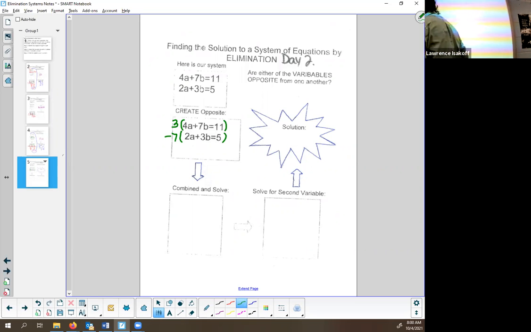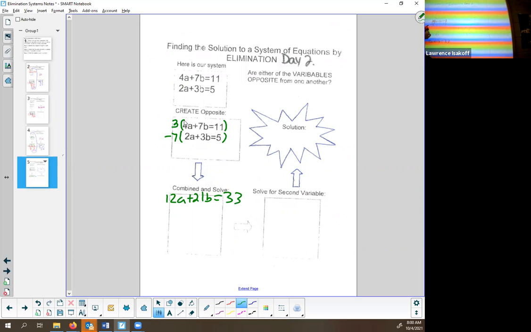So let's see here, 3 times 4, that's 12a. 3 times 7 will be plus 21b. And then 3 times 11, 33. Same thing on the bottom row. -7 times 2, -14a. -7 times 3, -21b.